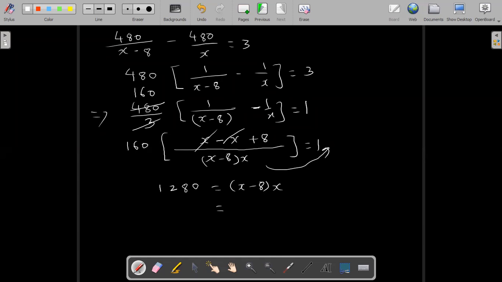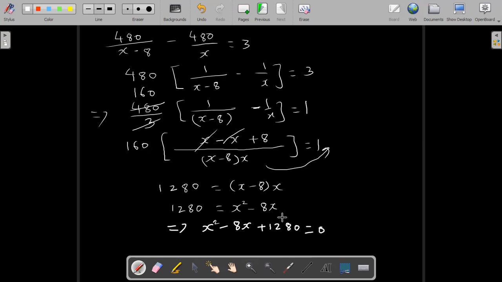Multiply this x. So we get x square minus 8x is equal to 1280, or in the standard form we got x square minus 8x minus 1280. This is the required equation.